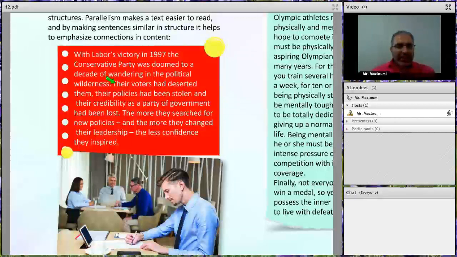Then the writer continues and uses had been lost. You see, we have a series of parallel structures. Or in the last sentence, we have the more and the less. Okay, again, parallel and similar structures.